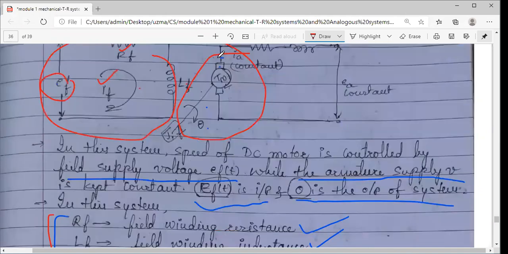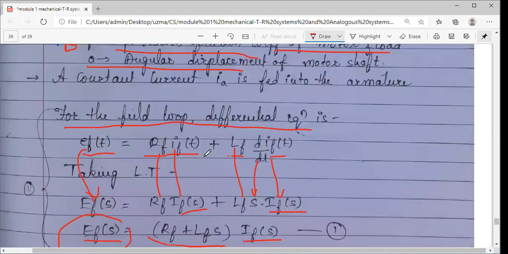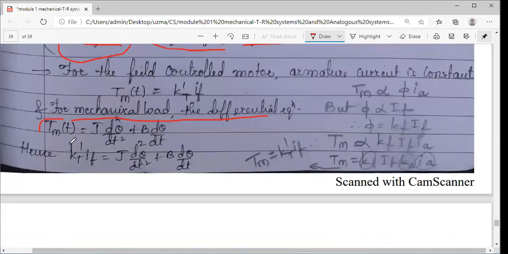For this part, if we write the equation, the applied torque Tm is equal to the opposing torques produced by the moment of inertia and F, two terms will come. The applied torque is equal to J d square by dt square of theta plus B dtheta by dt.